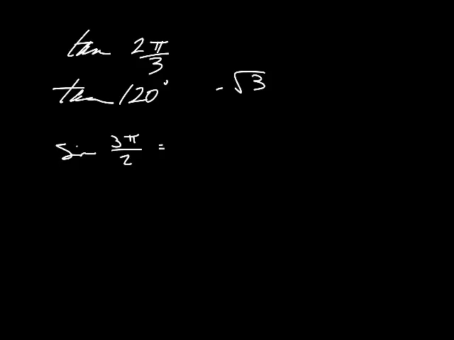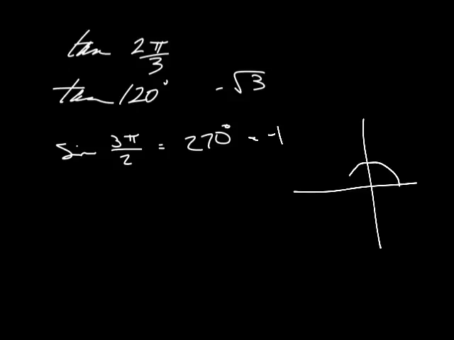270-degree angle. Sine of 270 degrees, which is another one of those things you could really do in your head, is going to be negative 1, because if you've got your thing here, you go over 270, you get to that angle right there.